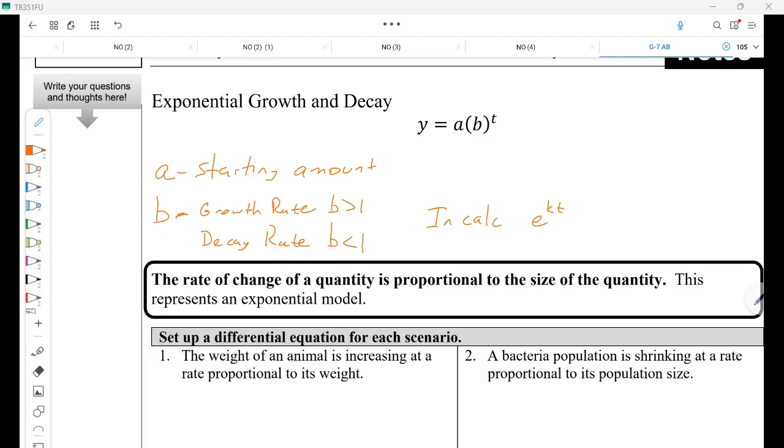Actually, no, sorry, I'm wrong on that one. That is e to the k, to the t power. That's the correct way to do that. I was thinking of what we were doing last week. So e to the k takes the place of b. Rather than having a different base depending on the problem, we're always going to use e, and then our t variable is going to have a coefficient, and that takes the place of b.